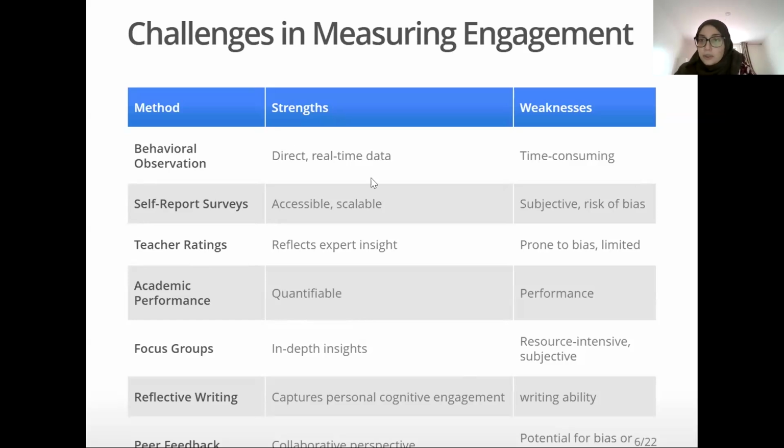For example, self-report surveys are accessible and scalable, but prone to bias and subjectivity. The same goes for teacher ratings and observational methods. The complexity becomes even greater in online settings because engagement is not just about physical presence, but also about digital interaction patterns.